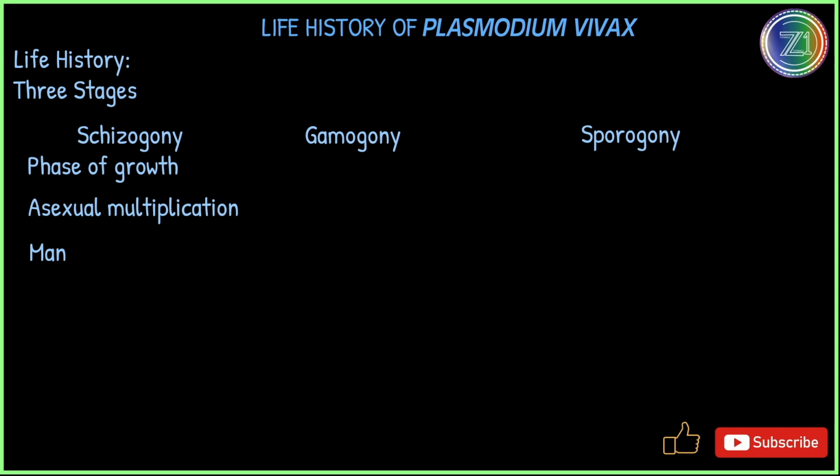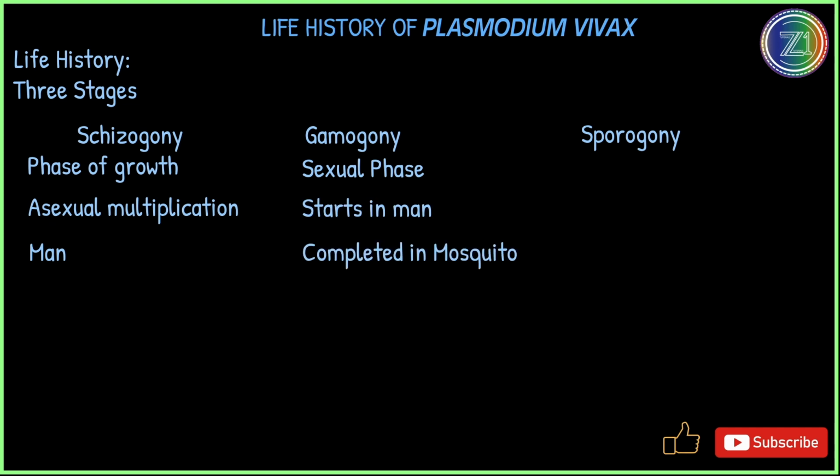Then next we have gamogony, which is considered the sexual phase. Sexual multiplication takes place. Here it starts in man and is completed in the mosquito.